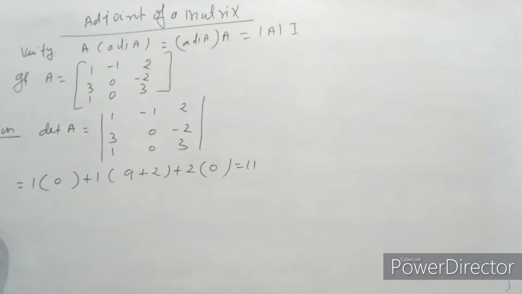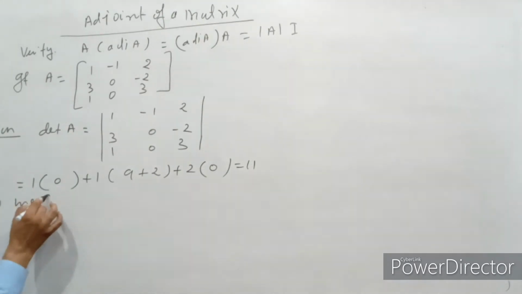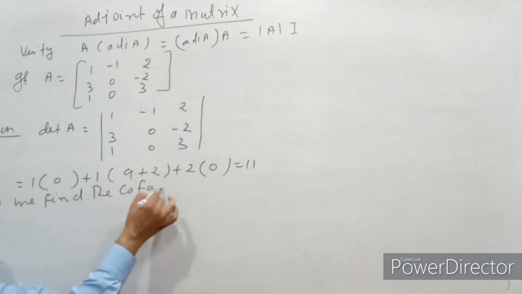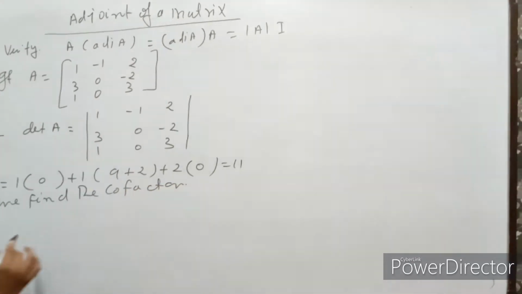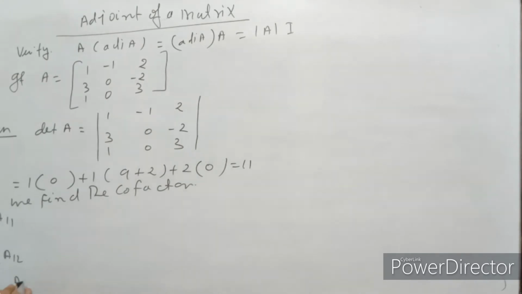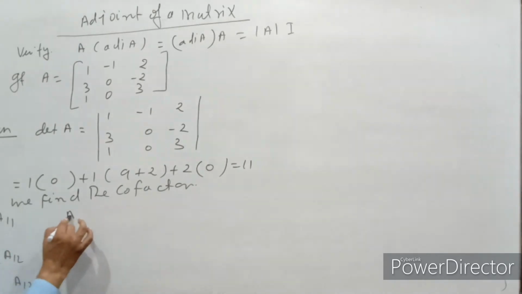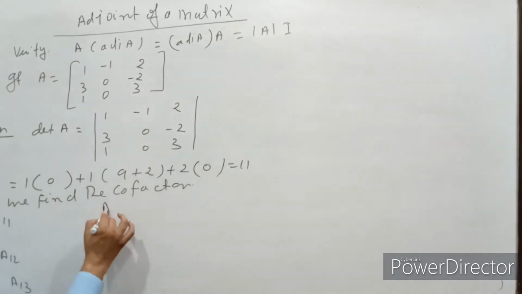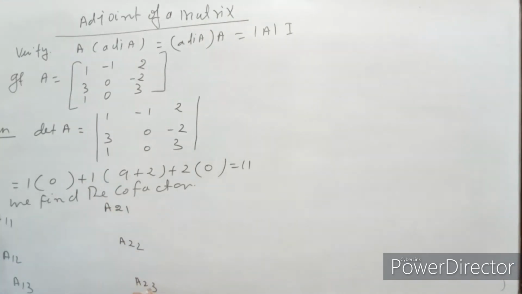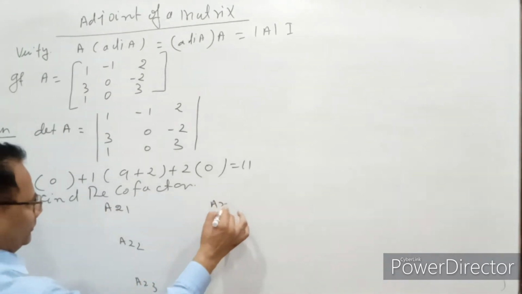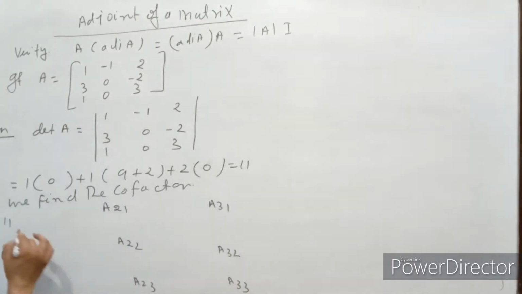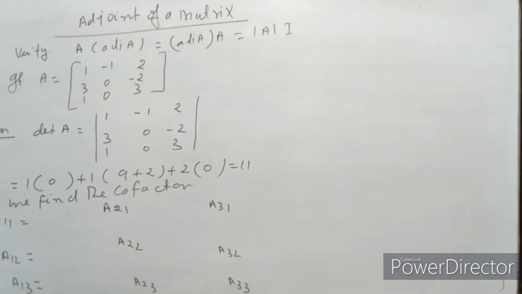Now we find the cofactor. देखिए cofactor हम लोग इसके कैसे निकालेंगे. That is A11, A12 और A13 और A that is A21, A22, these are the cofactor of the first row.